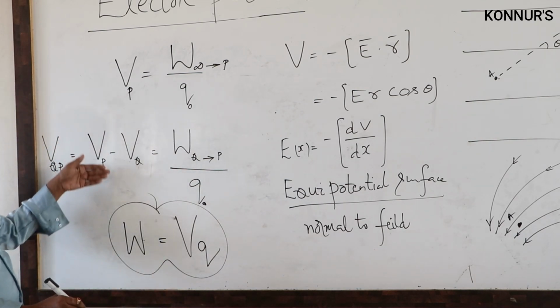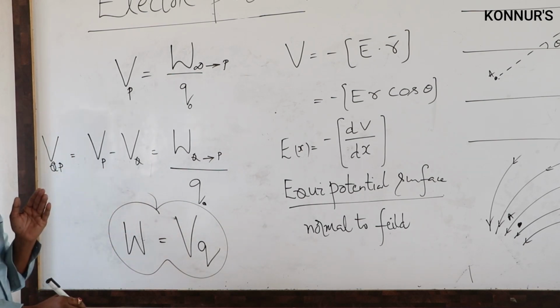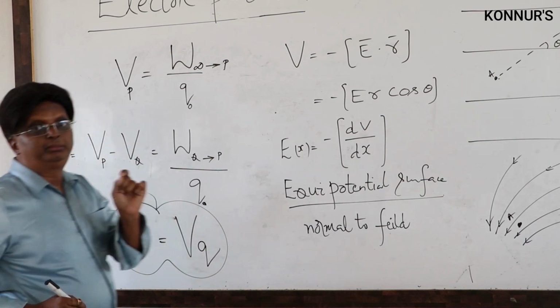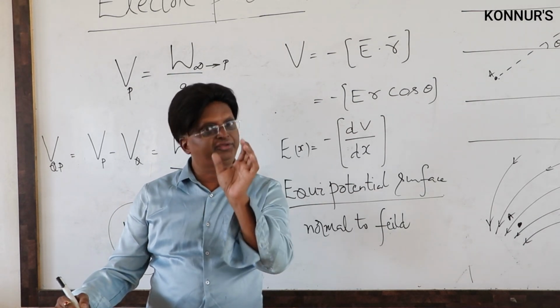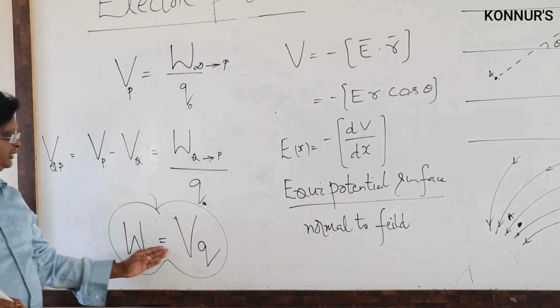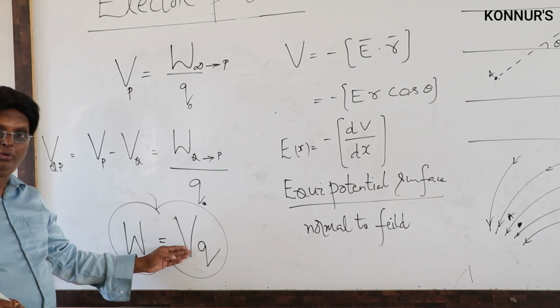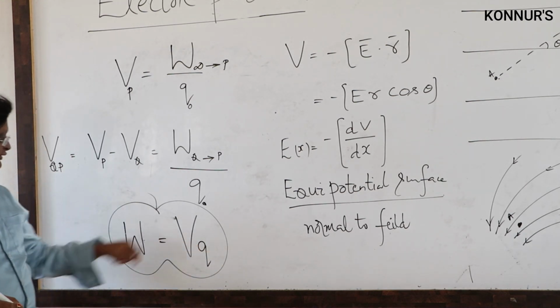Now this becomes a very popular expression in electrostatics. Keywords: electric field, charge, moving between two charges, displaced between two charges. So any such keywords, immediately we'll use W is equal to VQ, where V is potential difference between the 2 points and Q is the charge that is displaced between the 2 points.